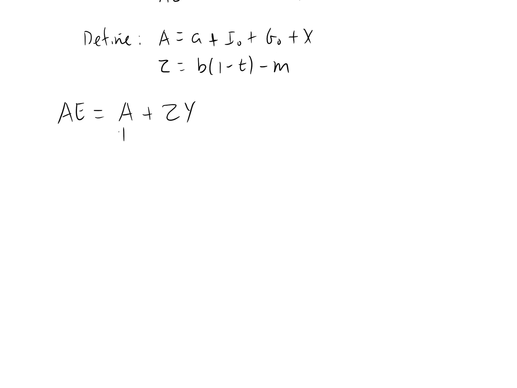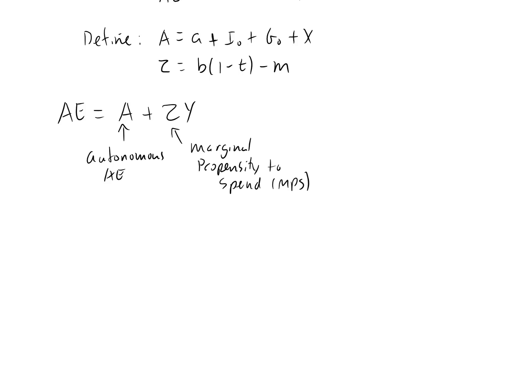Here, again, A is the autonomous AE, and z is the marginal propensity to spend, often called MPS, not to be confused with marginal propensity to save, which is also MPS.